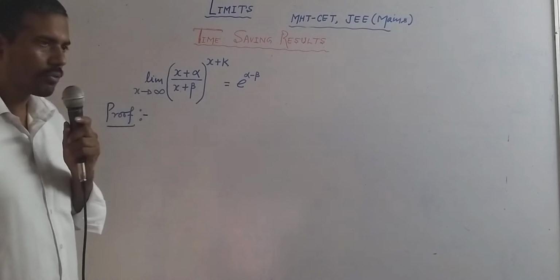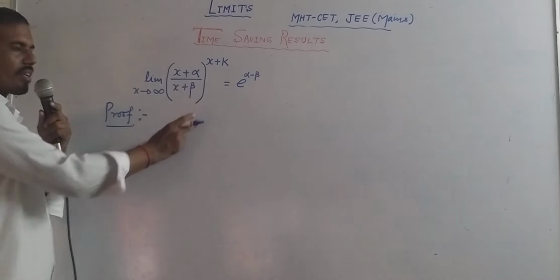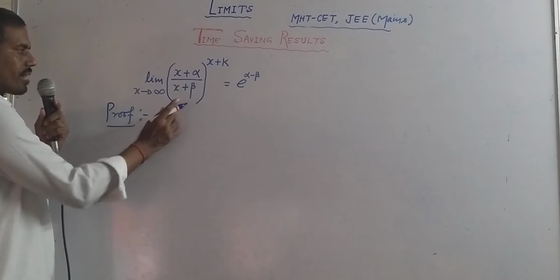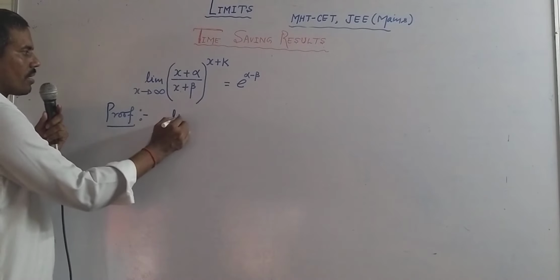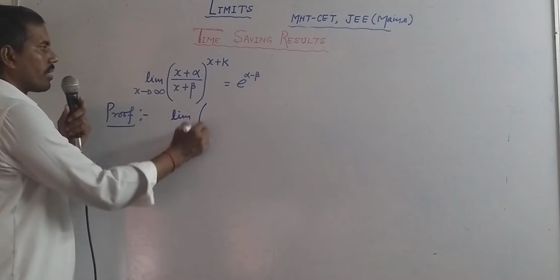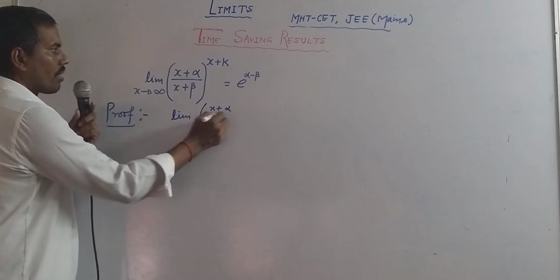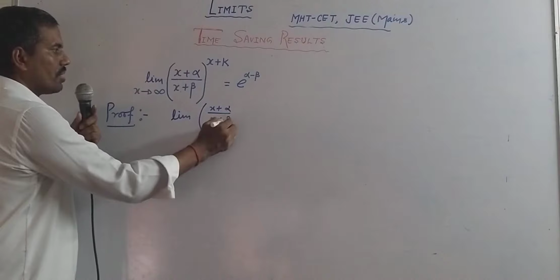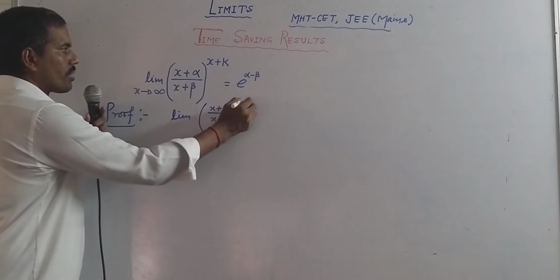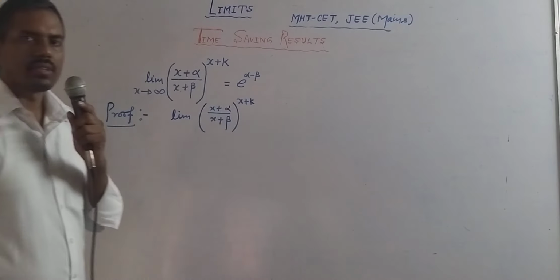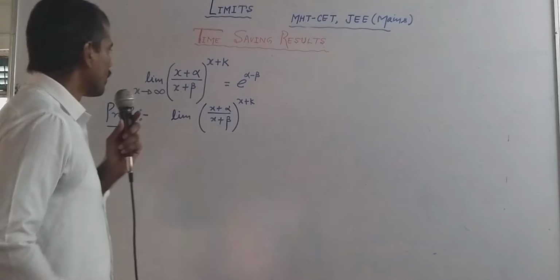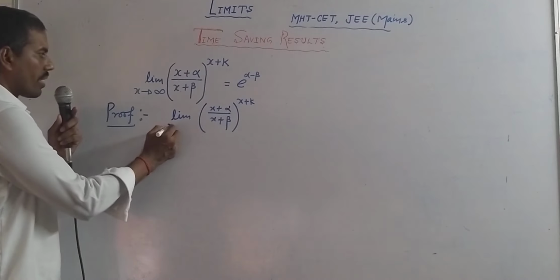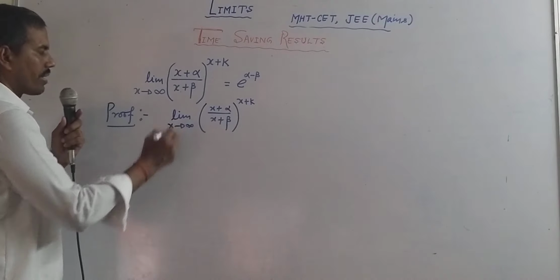Now we have to prove the time saving result, taking the left hand side. Left hand side is limit of ((x plus alpha) upon (x plus beta)) to the power x plus k as x tending towards infinity.